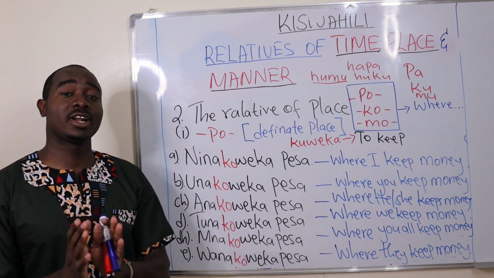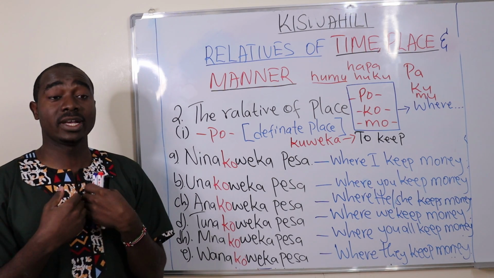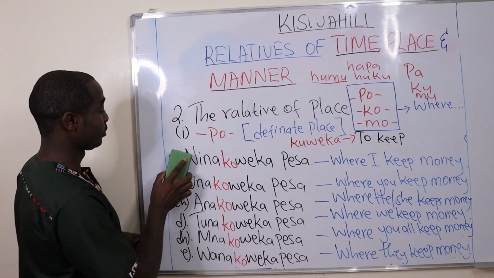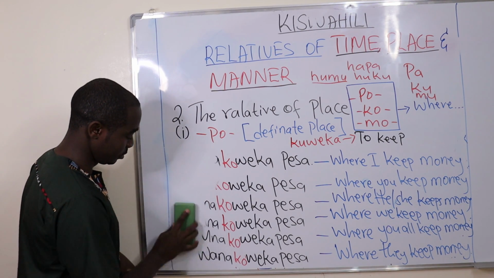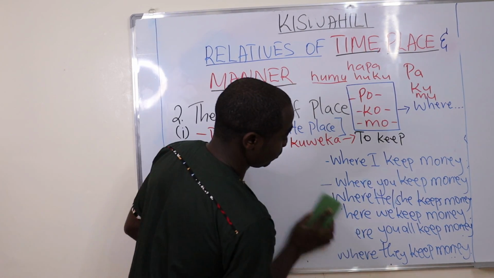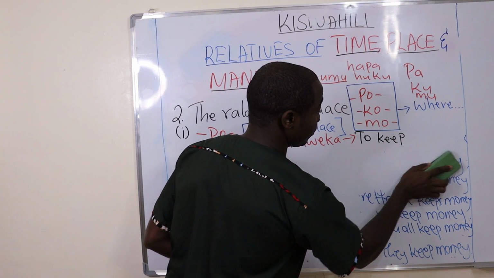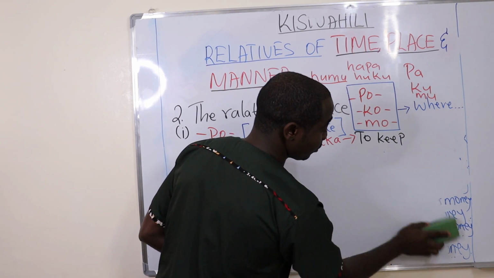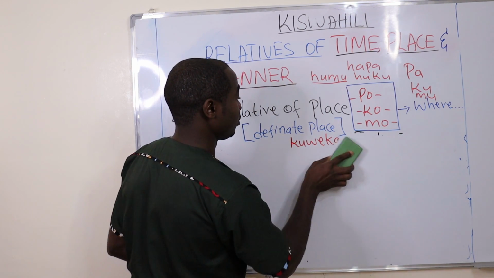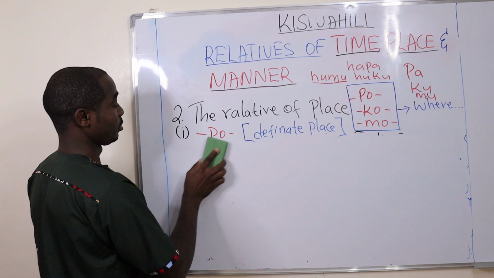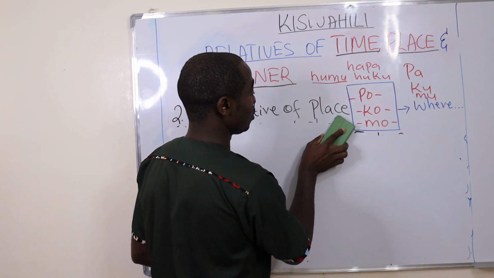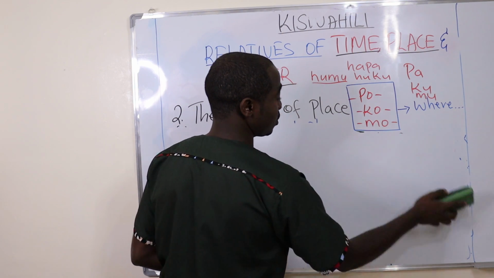Okay, so let me give you another example to show motion. I can say kuenda is to go. Okay, so let's see. Kuenda. So that was ko, and we have this.